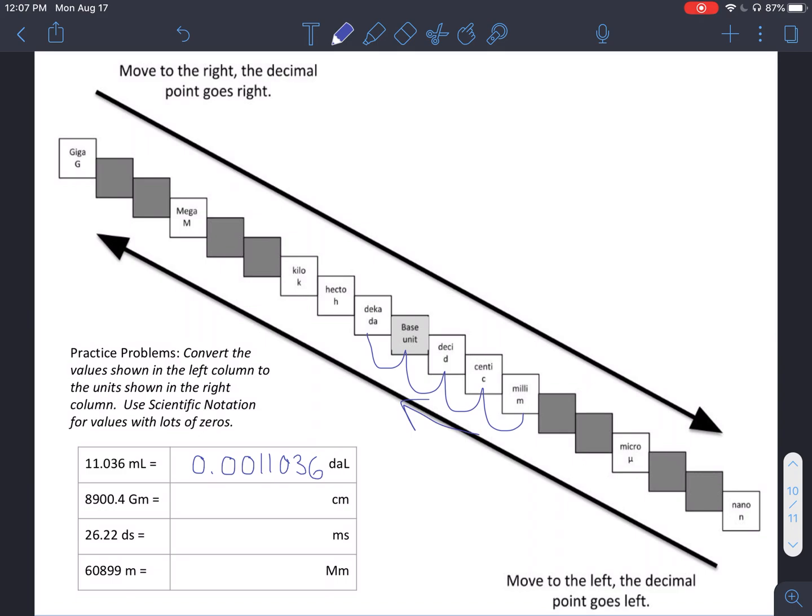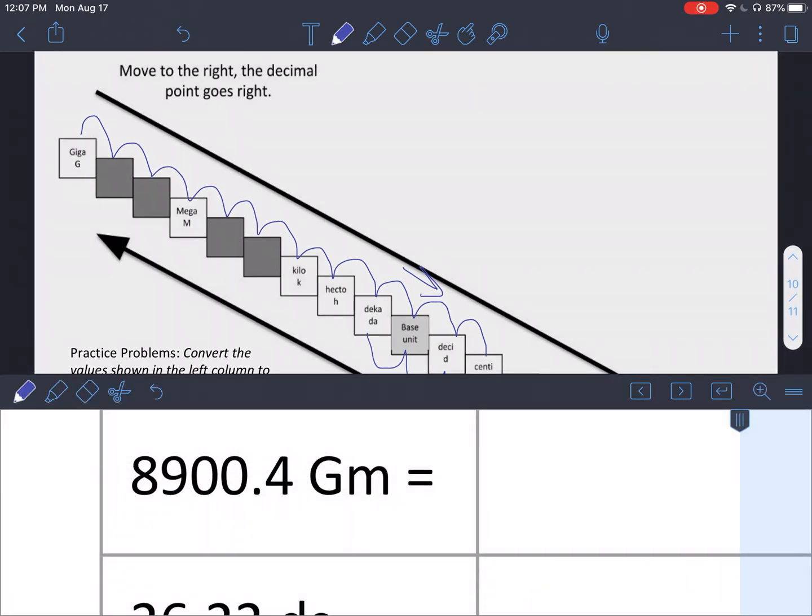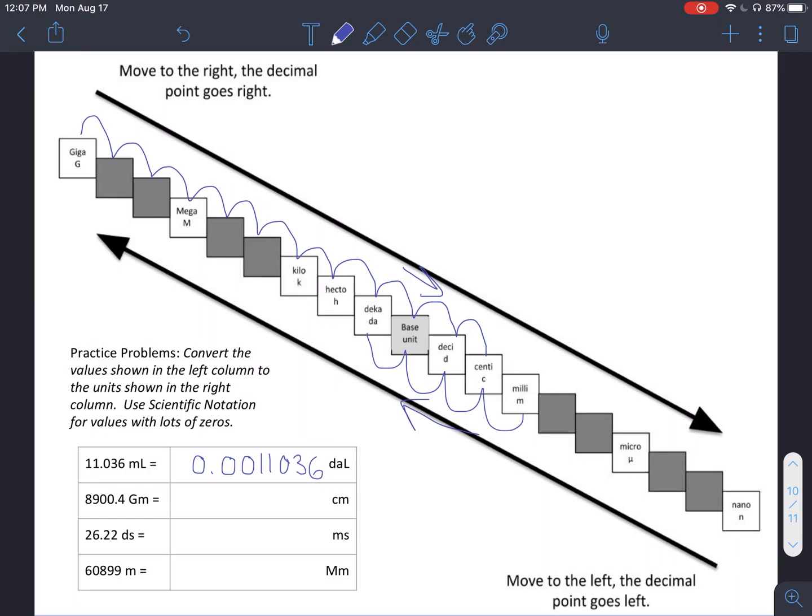All right, next up, gigameters to centimeters. Okay, so 1, 2, 3, 4, 5, 6, 7, 8, 9, 10, 11. That was 11 spaces to the right. So this is going to end up having a lot of zeros next to it. I can see that in my number, there's only one number to the right of the decimal, so I will just throw 10 zeros after that 4.